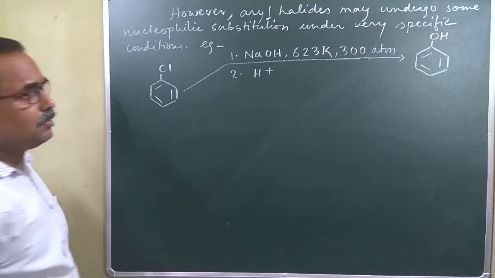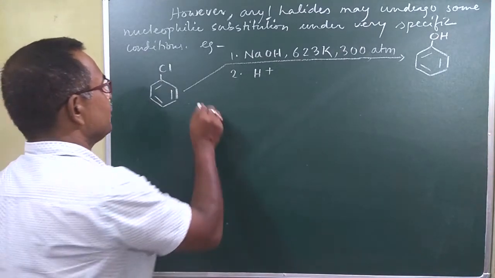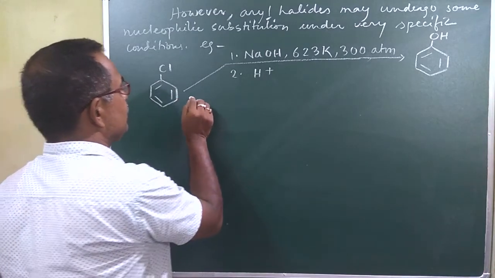So starting from chlorobenzene, we can produce phenol in this case.